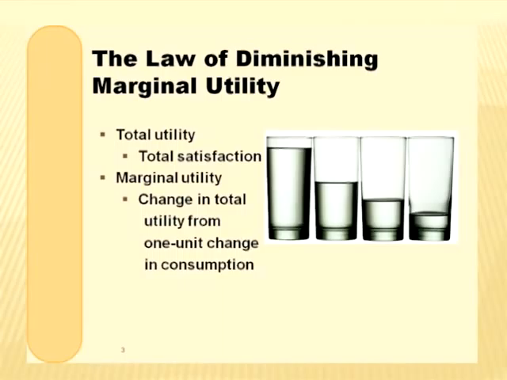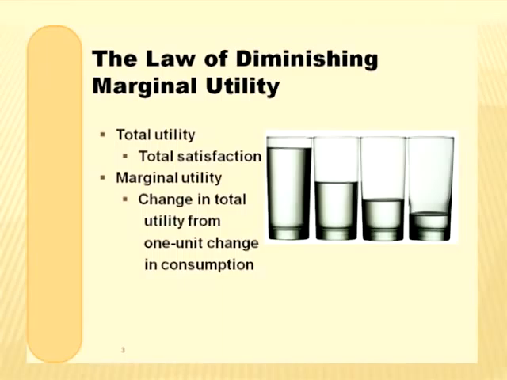So if we were thinking about consuming a particular good, the example that we're going to use in a minute is consuming water after a run, we could think about it in terms of the total amount of satisfaction from all the glasses of water that we drank. Or we could think of it in terms of the additional satisfaction I get from one additional unit of the good or service.